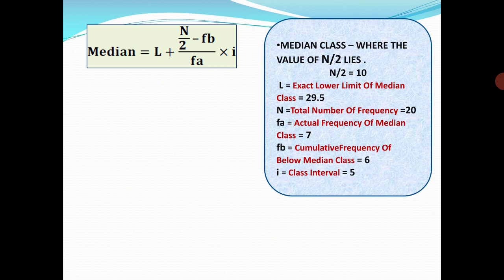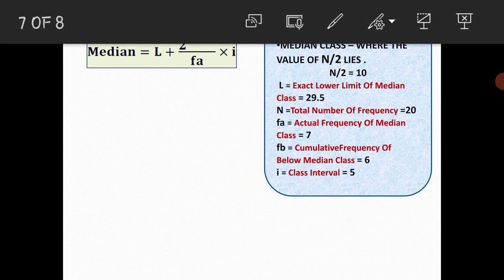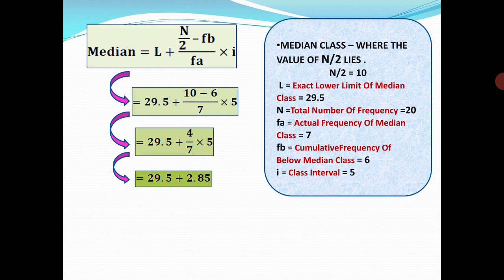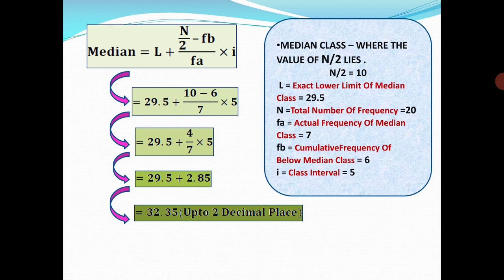So we put the values in the formula, that is median equals 29.5 plus ((10 minus 6) by 7) into 5, equals 29.5 plus (4 by 7) into 5, equals 29.5 plus 2.85, and finally we get 32.35 up to 2 decimal places. That is, our median equals 32.35.